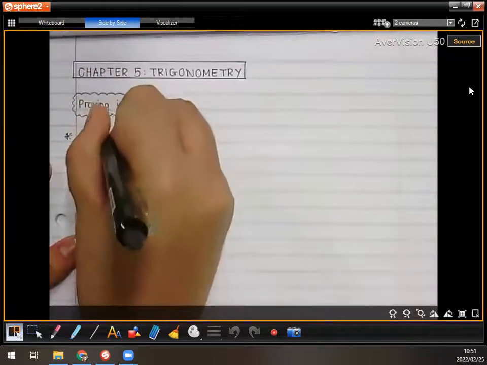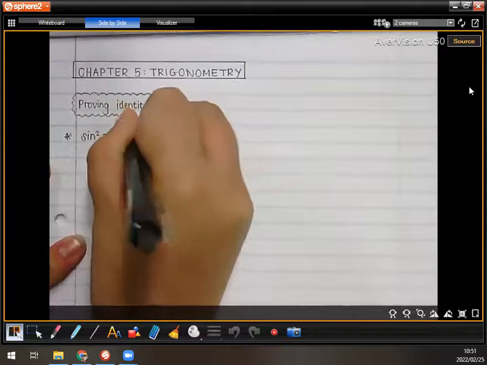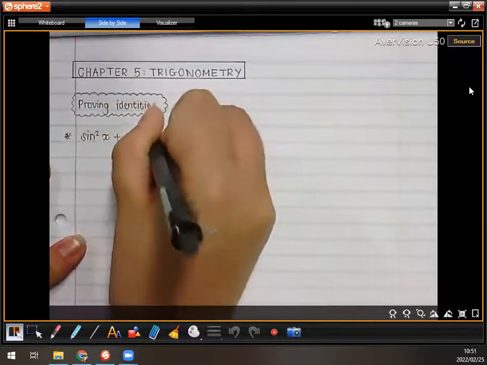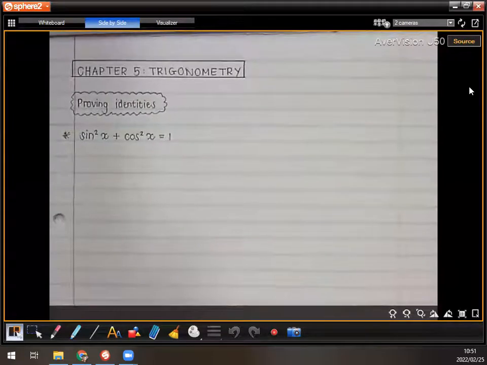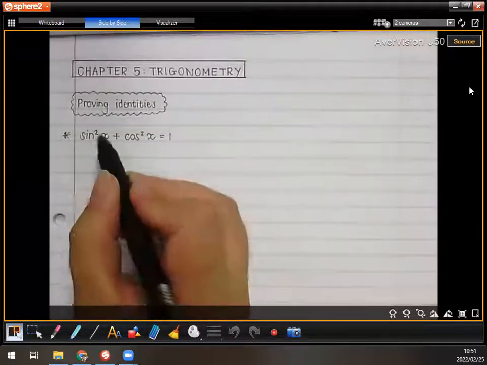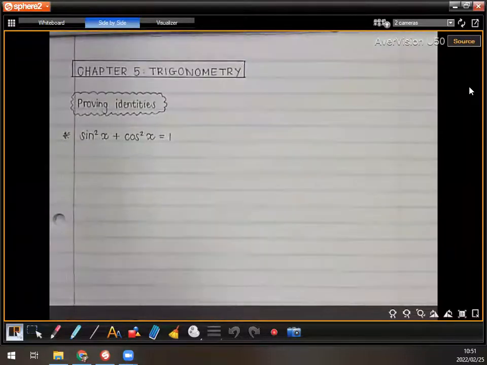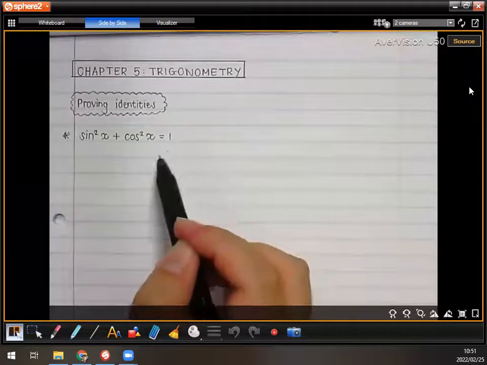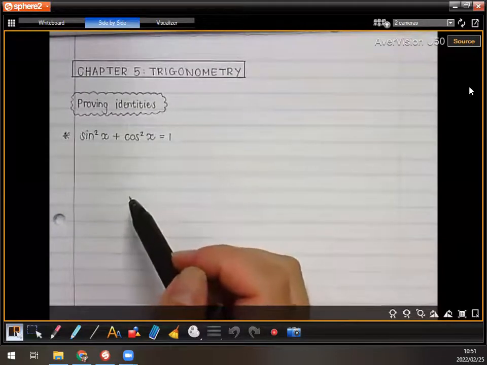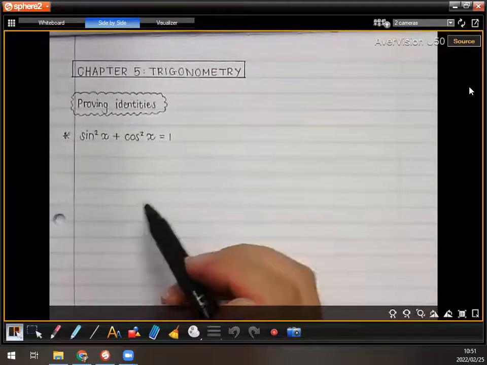Okay, so just remember the identities that we've worked with before. Sine squared x plus cos squared x is equal to 1. Remember that one? You could apply it in both directions. If you see a sine squared x plus cos squared x, that's 1. But sometimes if there's a 1, it's helpful to change the 1 to a sine squared x plus cos squared x.